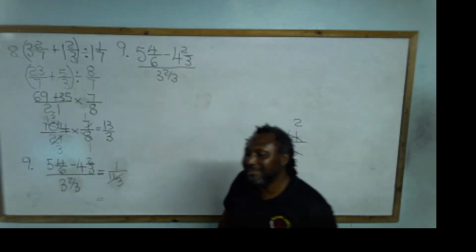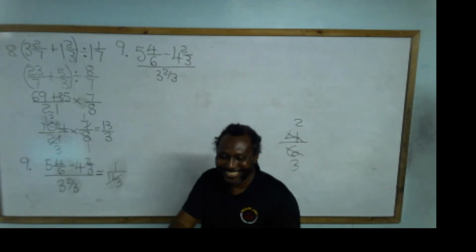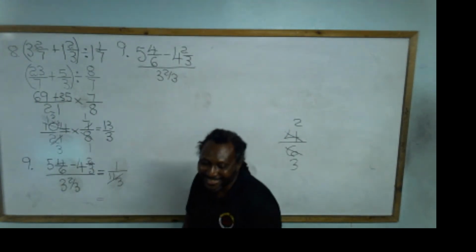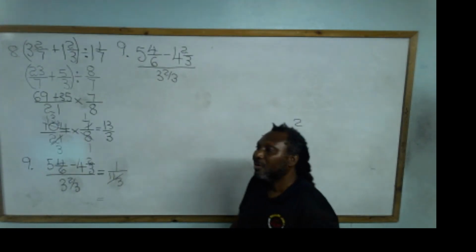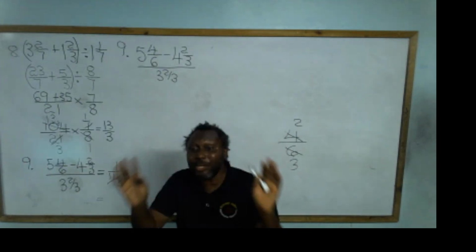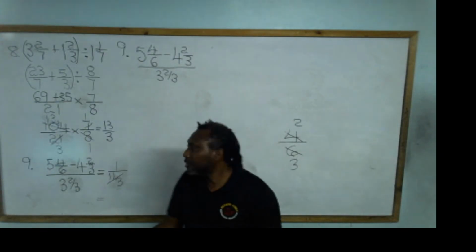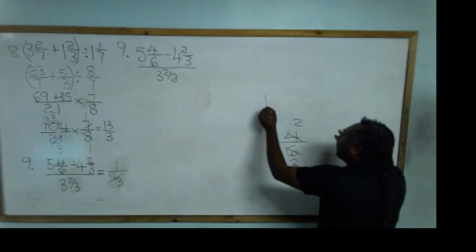Now students, please, see this. 1 over any number is the reciprocal of that number. So if you want to write the reciprocal of 4, you write it as 1 over 4.